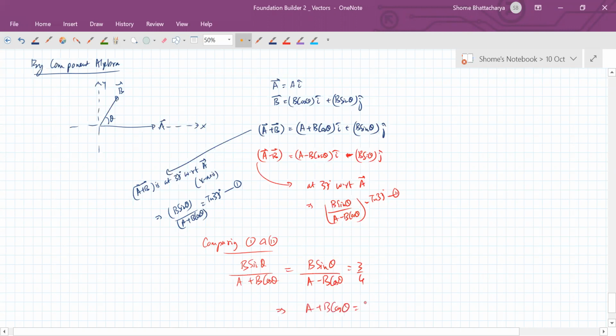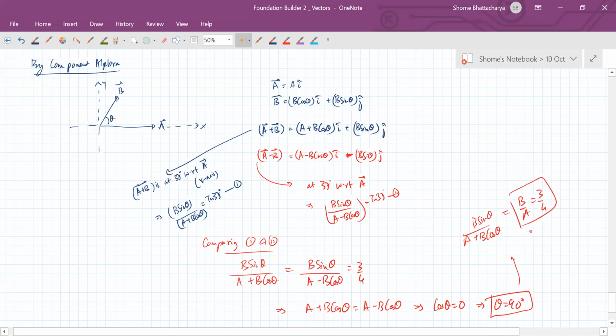First of all from this you will see that A plus B cos theta is equal to A minus B cos theta. So that can only mean one thing, that cos theta is 0 or theta is 90 degrees. Once you know theta is 90 degrees, you know that B sin theta upon A plus B cos theta is nothing but B by A, and that is 3 by 4. So magnitude of B becomes 12.